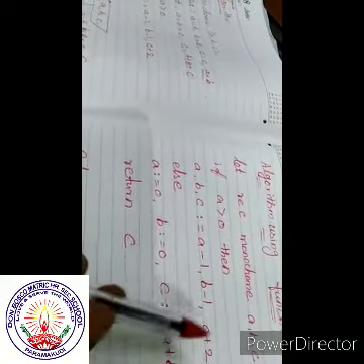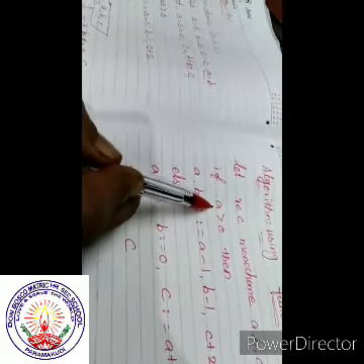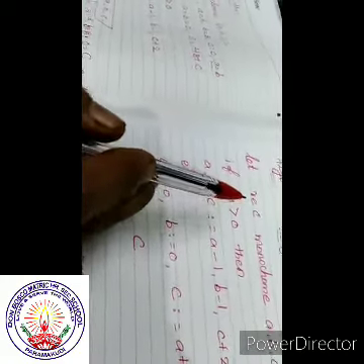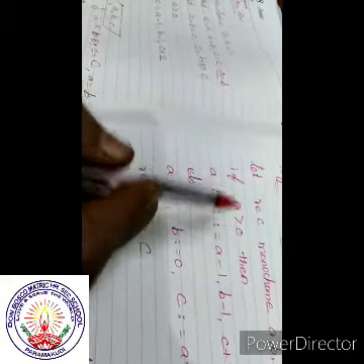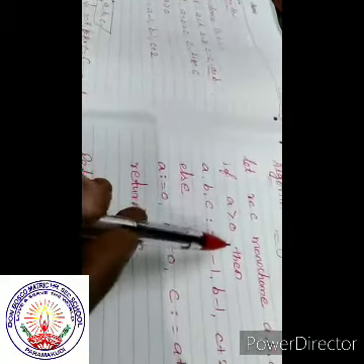So here, a greater than 0 means the process goes on: a comma b comma c equals a minus 1, b minus 1, c plus 2. In case the condition is false, like a equals 0 or a less than 0, the else part runs. The else part is a equals 0, b equals 0, c equals a plus b plus c.